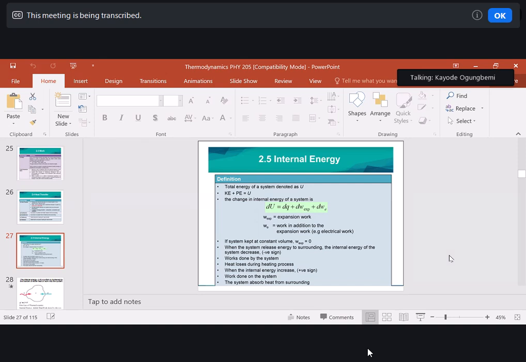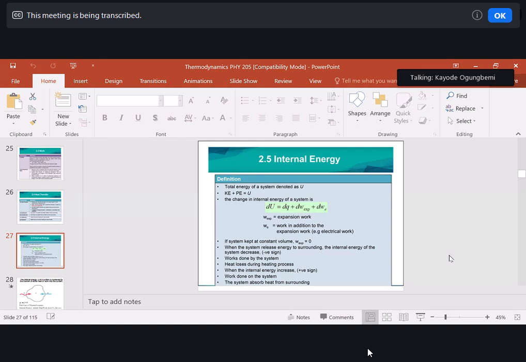Take note of all this before we get into using the terminologies and using them to calculate whatsoever we want to calculate. Work is done by a system. Heat loss during heating process. When internal energy increases, we assign positive for increase in internal energy.